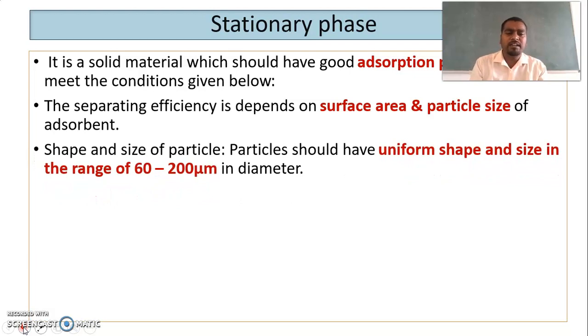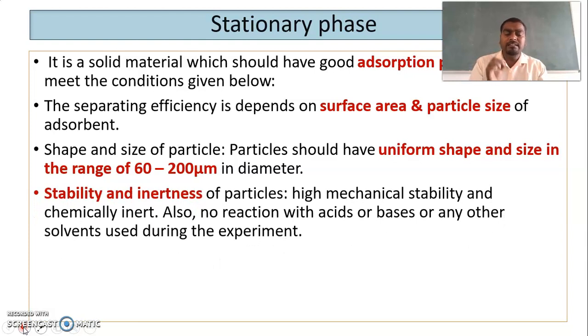The solid particles should possess uniform shape and size in the range of 62 to 100 micrometer. And the stationary phase must be inert. It must not react with either the mobile phase we are using or the analytes present in the sample. It must be chemically inert and thermally stable, and resistant to the acids and bases used in the chromatography technique.